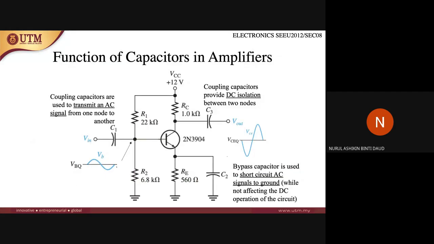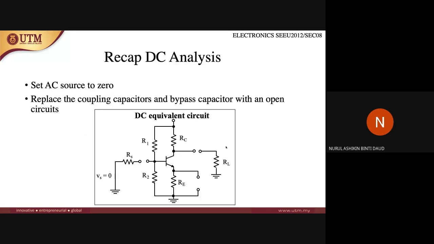You can see here at the BQ, this is the input waveform, and this is the output waveform. There is always a phase inversion between the input and the output.